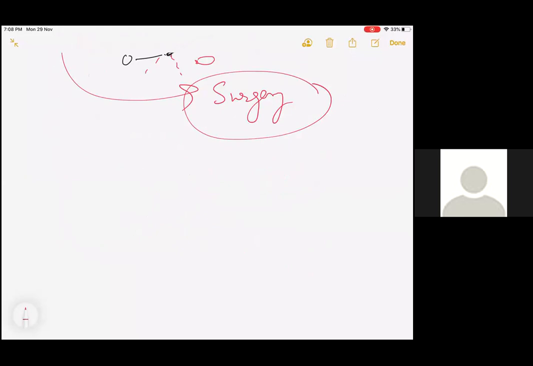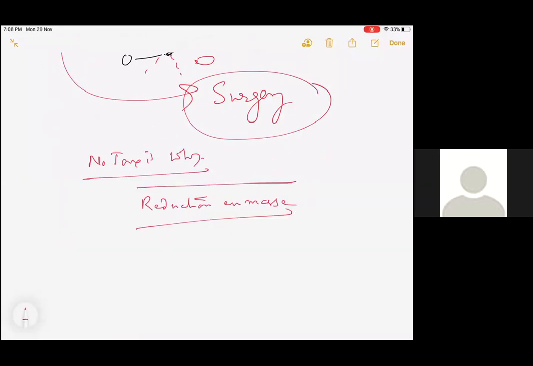Now, why no Texas? In these cases, it is to prevent what is called reduction in mass. And what is a reduction in mass?